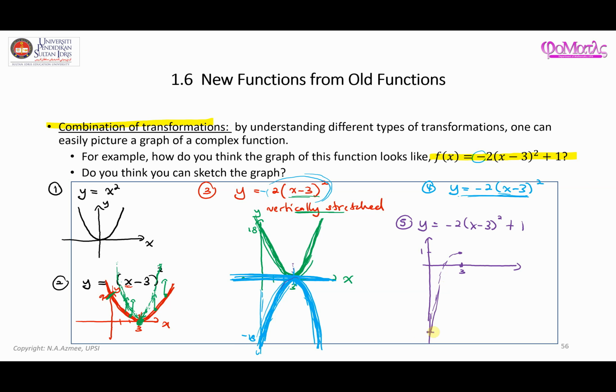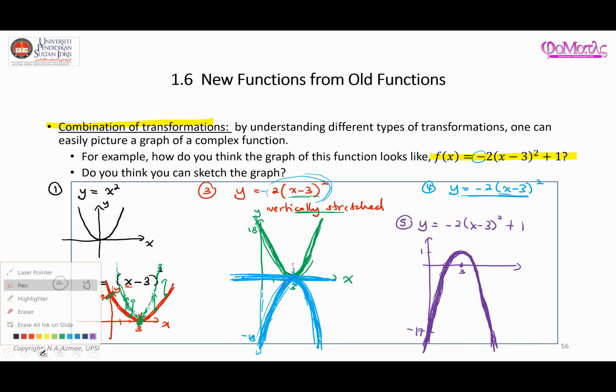Instead of negative 18, the intercept is at negative 17. Okay, something like this. Well, just bear with my sketching. It's really difficult to get your hand properly coordinated. Okay, so something like this.